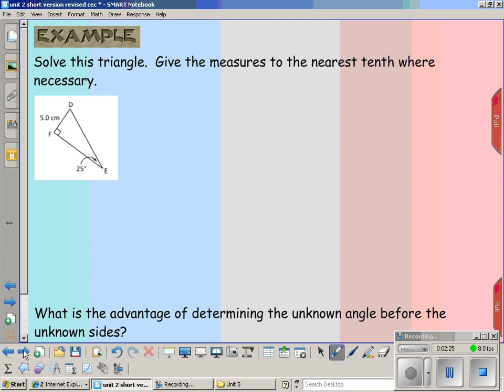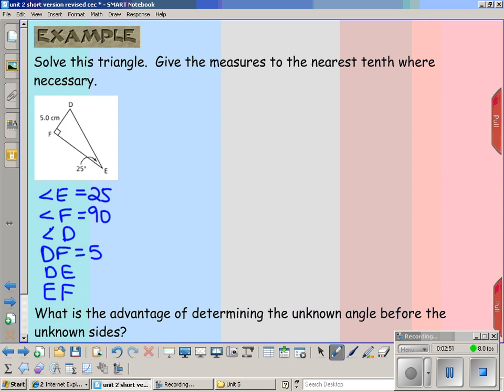Before I begin, I'm going to write down the six pieces of information we need to find. We need to know what angle E is, what angle F is, and what angle D is. We want to determine the sides DF, DE, and EF. What do we already know? We know angle E is 25, we know angle F is 90, and we know side DF is 5.